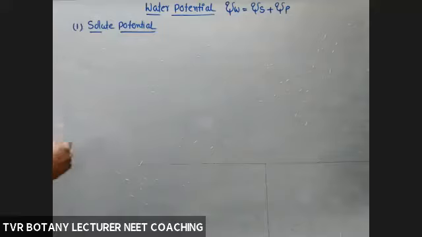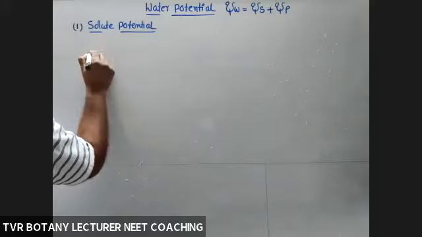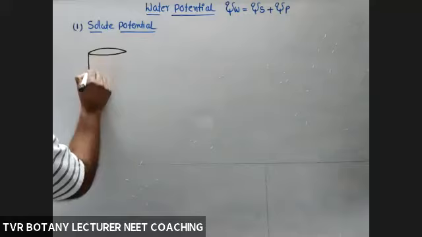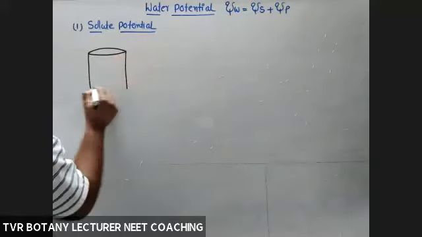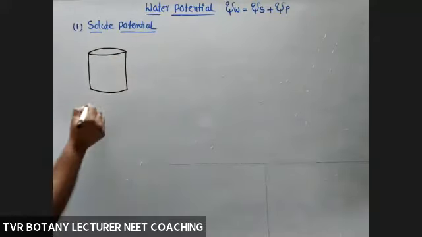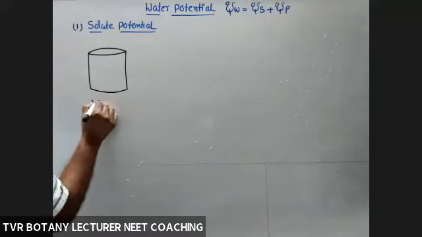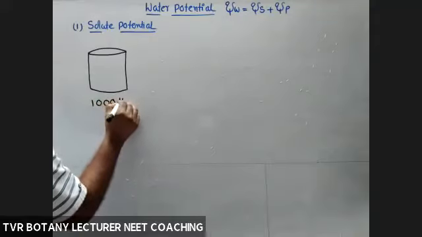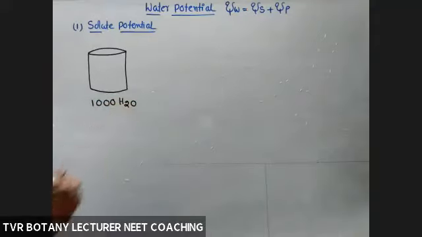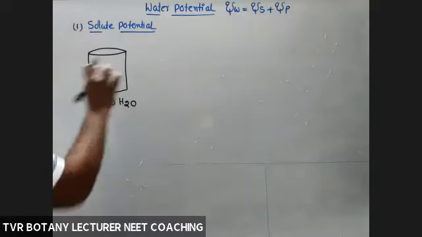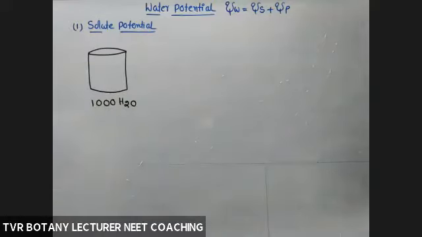Okay, so for example, this is a beaker with a certain number of water molecules. So here, a beaker with 1000 H2O molecules, for example, only 1000 H2O molecules up to a certain level, and that water is at standard temperature and atmospheric pressure.